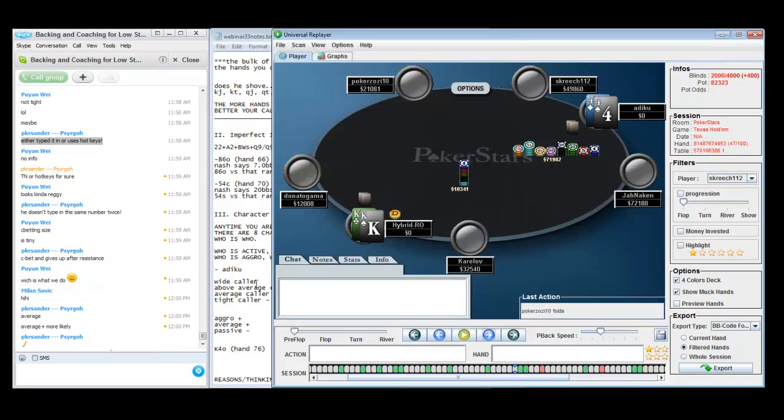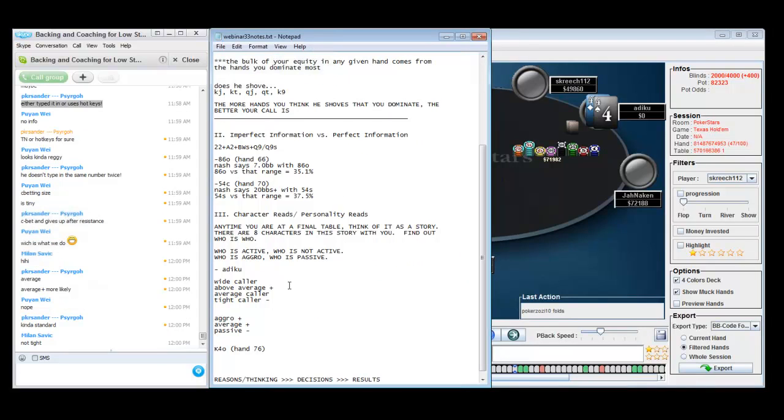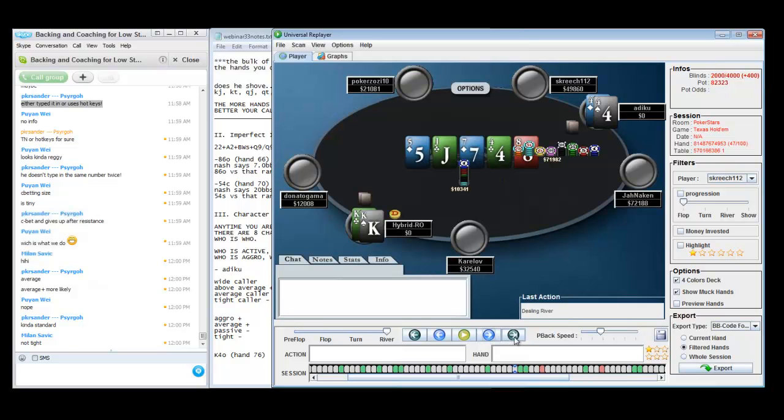Okay. So what we could do, like one thing, we don't know what it means, so we could either put pluses for average, above average, and average and aggro, or passive maybe too. He's just not tight. So if we added a thing that said tight, we'll put a negative for it. He sucks out.